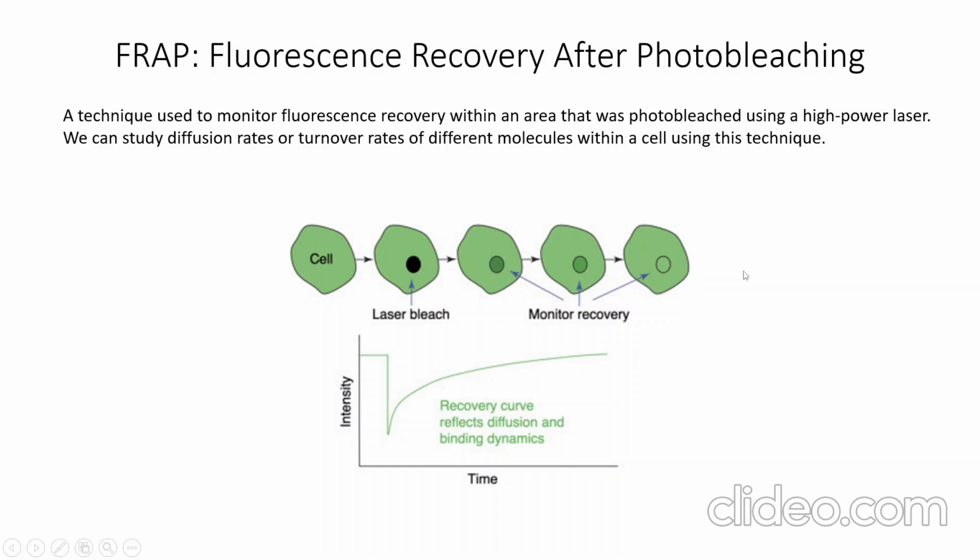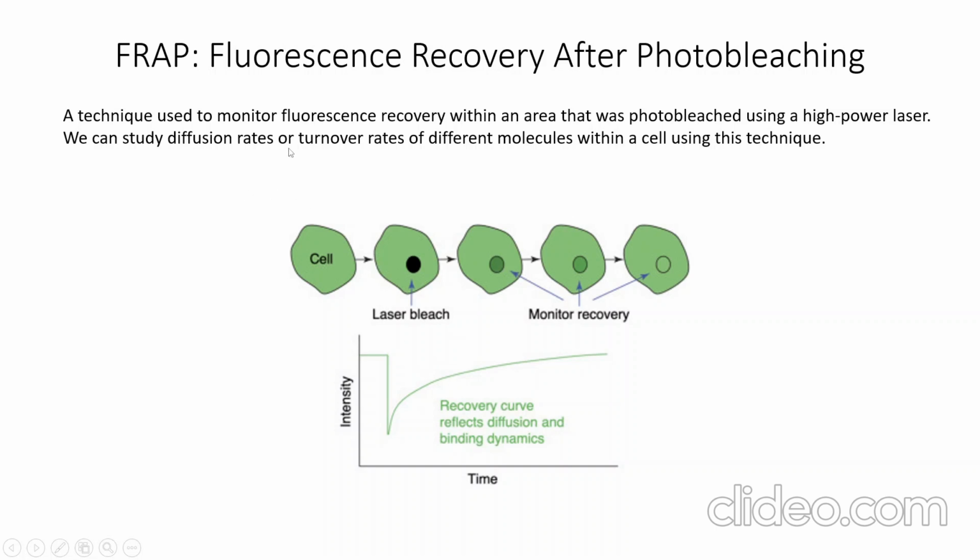Now, obviously, depending on what you're looking at and the relative abundance of these proteins or the speed at which they diffuse, it doesn't have to be that it will recover back to exactly where it was. Or based on the time scale, maybe you're only looking at it for a couple of minutes of recovery. In that time, you don't see it come back all the way up.